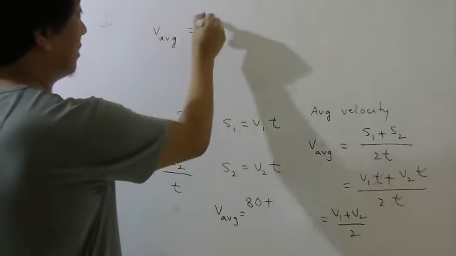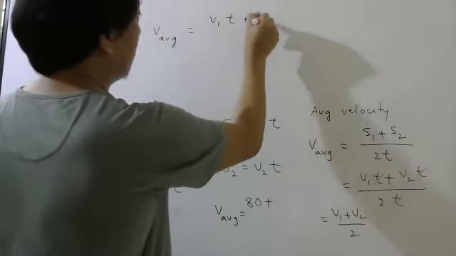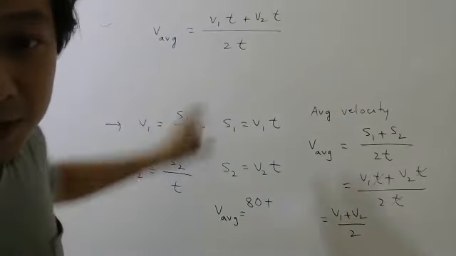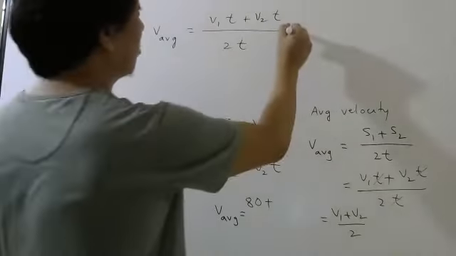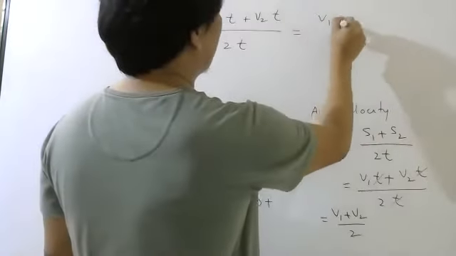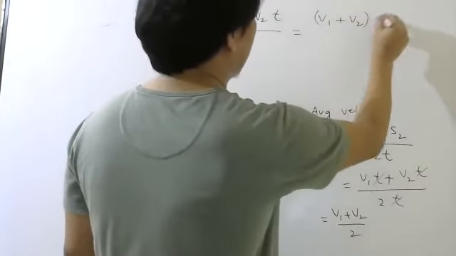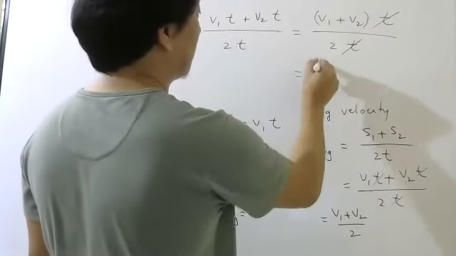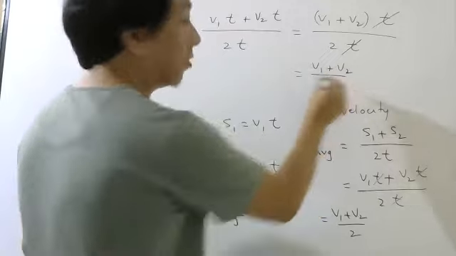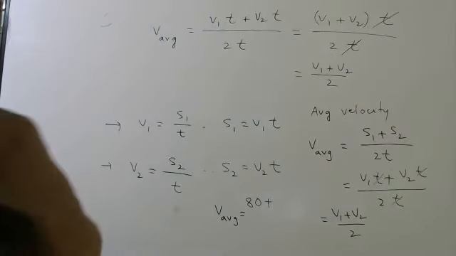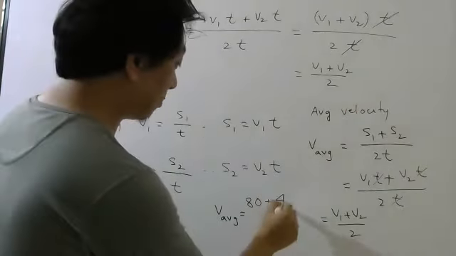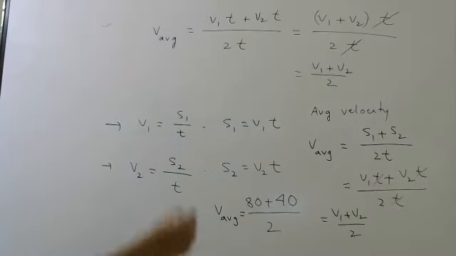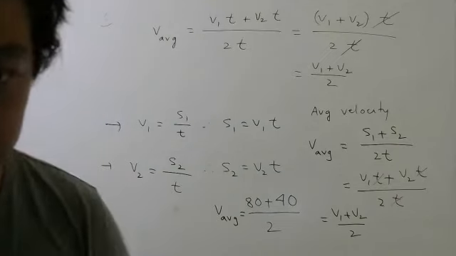Average velocity is v1t plus v2t divided by 2t. Correct? This much we have got, right? Then you take common first here: v1 plus v2 common t, 2t. Then you can cancel t. Same thing we did before also. I think now you understood, right? So second interval speed was 40. Then 80 plus 40 divided by 2, that is 60.